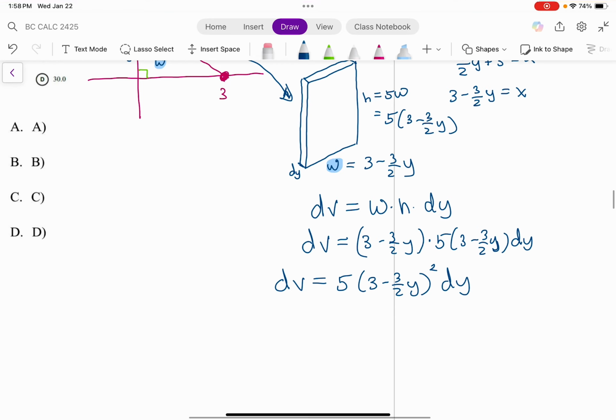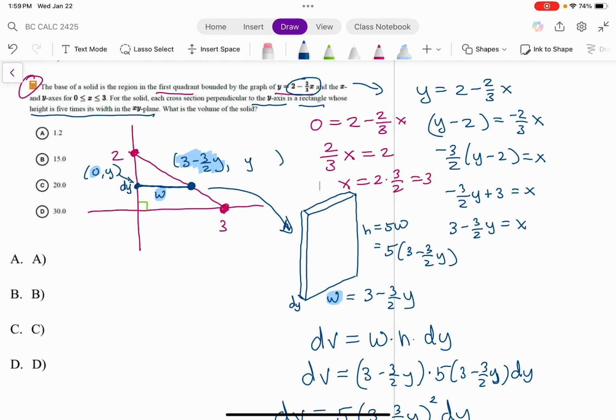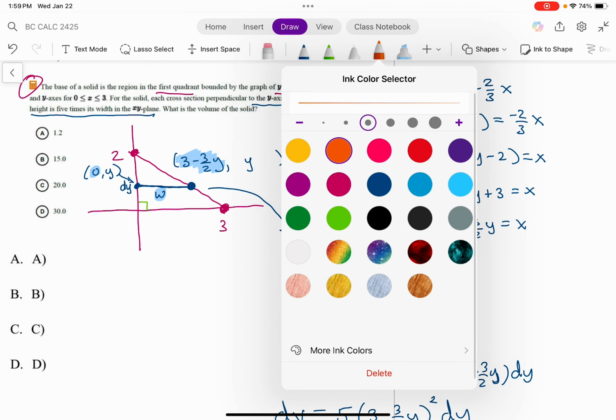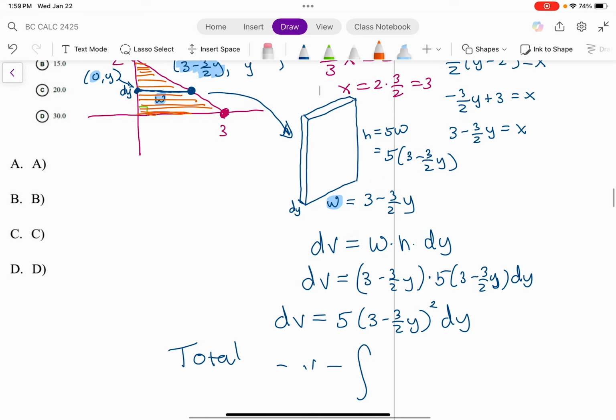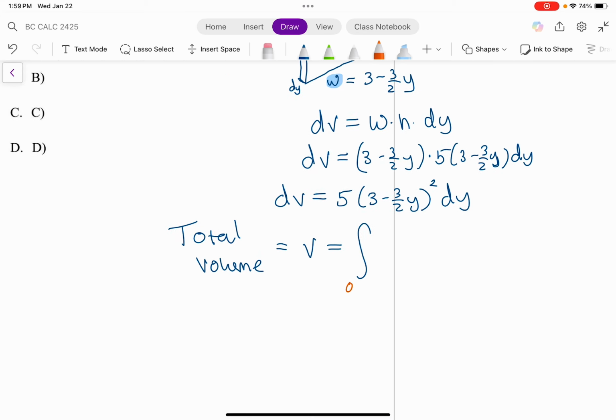Our total volume is going to be summing up all such slices. This is where you've got to be careful: think about where we could start and stop drawing rectangles. We would start at y equals 0, and we would end at y equals 2. So we're integrating this from 0 to 2.